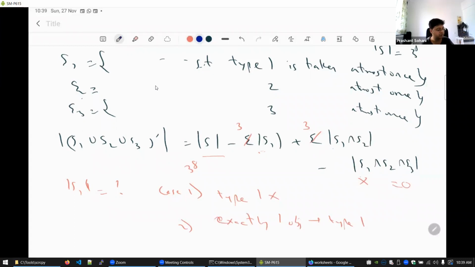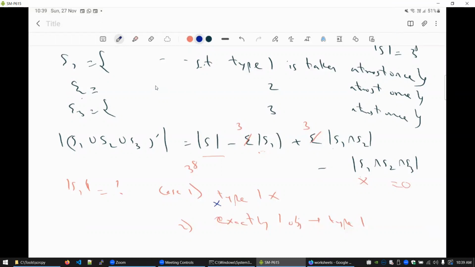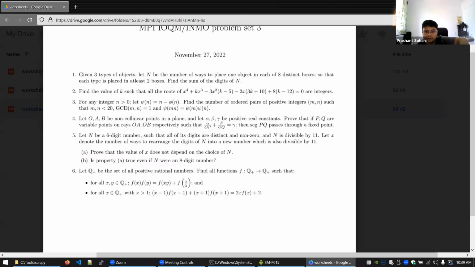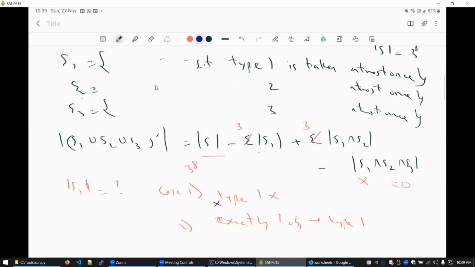So in the first case, if we don't use type 1 at all, then how many possibilities are there? So 9 possibilities, right? Wait, I think I made a mistake here. Because if x1 plus x2 plus x3 is 8 and x1 is 0, then you get x2 plus x3 is 8.